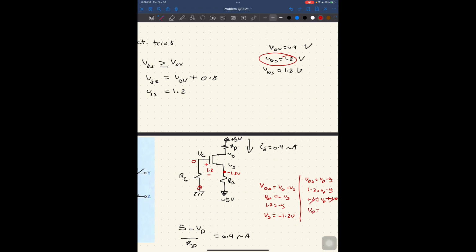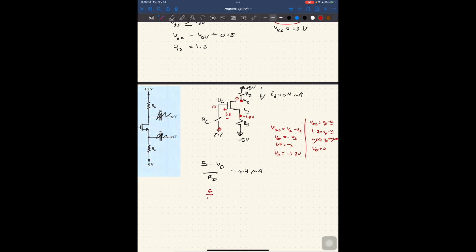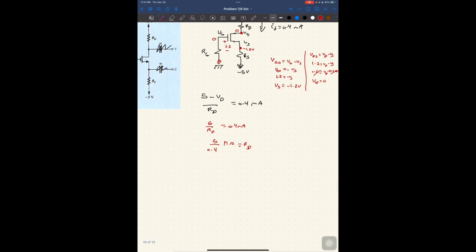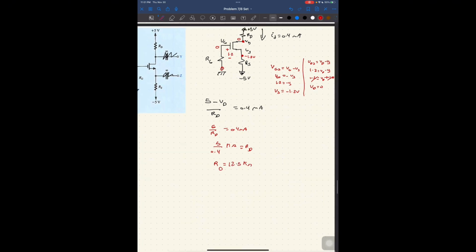So VD is equal to 0. So this is also equal to 0, implying that 5 over RD is equal to 0.4 milliamps, which means that 5 over 0.4 kiloohms is equal to RD, implying that RD is equal to 5 over 0.4, which is nothing but 12.5 kiloohms. There I have RD.